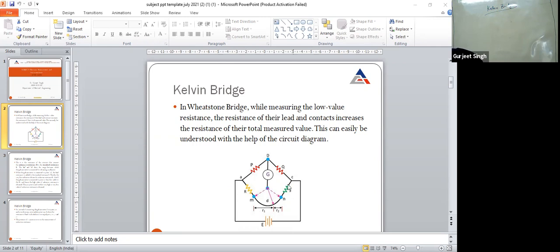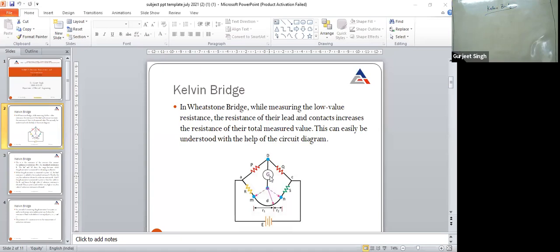In this circuit diagram we connect E as the DC source to the bridge. It again has four arms: first P, then Q, then R, then S. This is the galvanometer, which we use as a null detector.